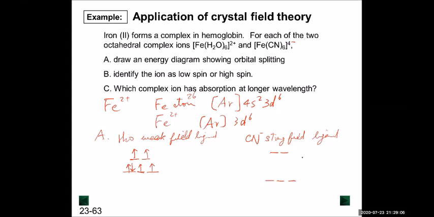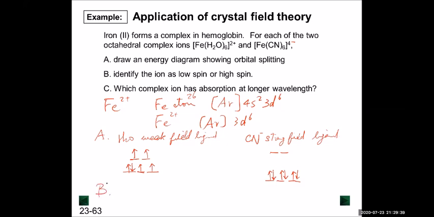The first electron goes here, number 2, number 3. 3 more electrons, because the gap is very large, the electrons form pairs first. And now we don't have any electrons left. That's the strong field splitting pattern for the d electrons. So that is question A.